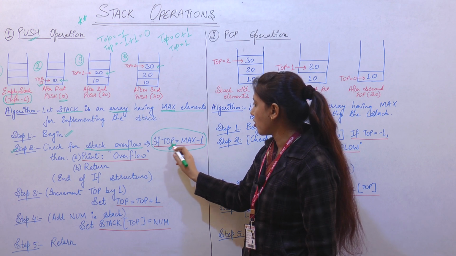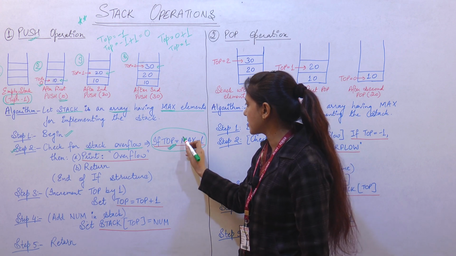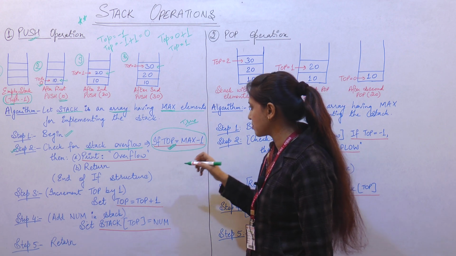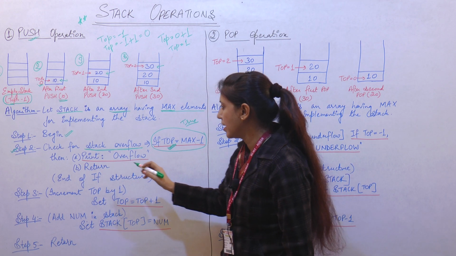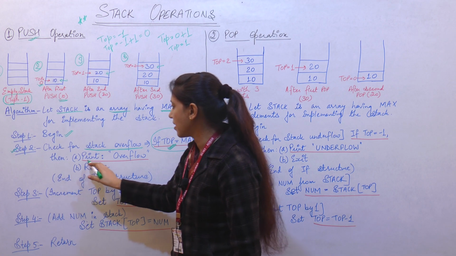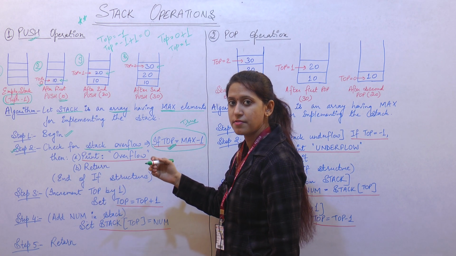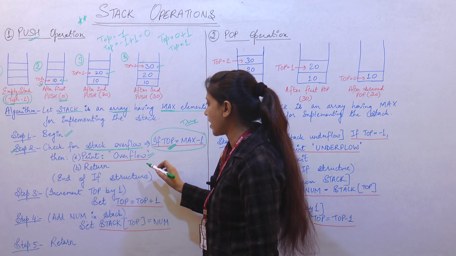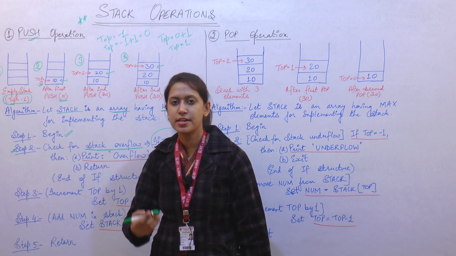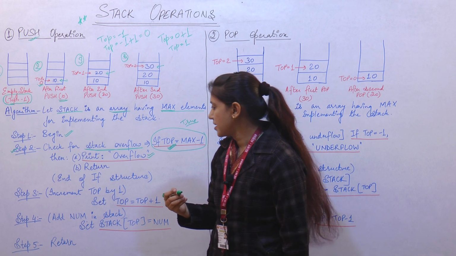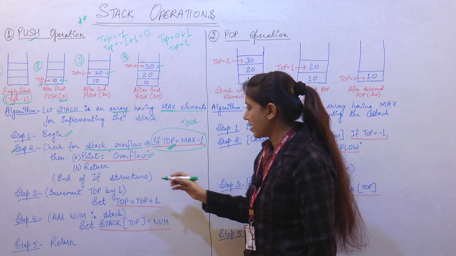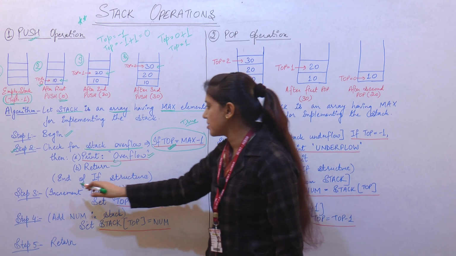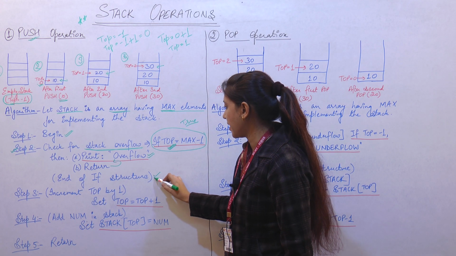If this condition becomes true, meaning the stack is overflow, then our system will show us a message that the stack is overflow and we cannot further insert any new data element in the stack, and our program will return back, and in this way our if statement will end.